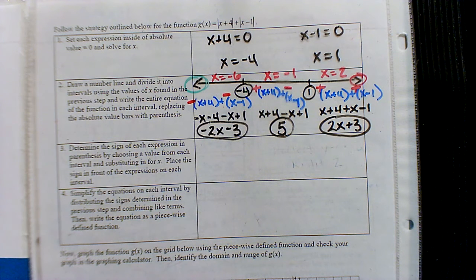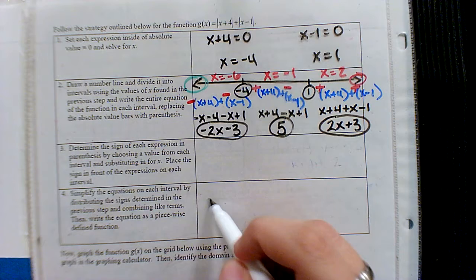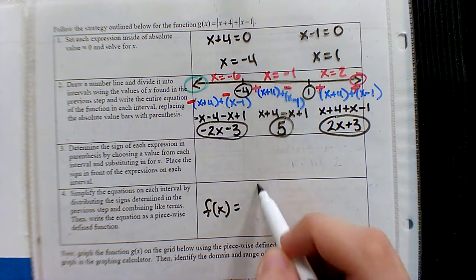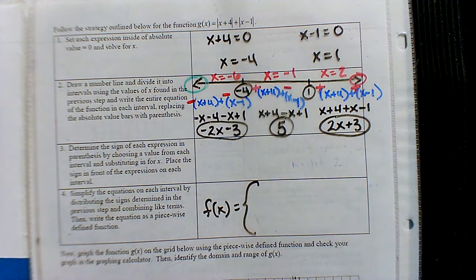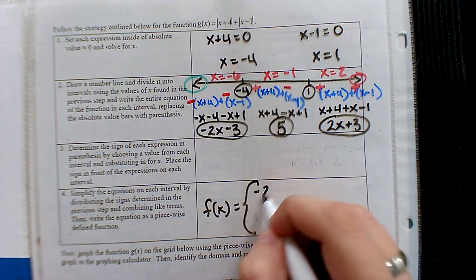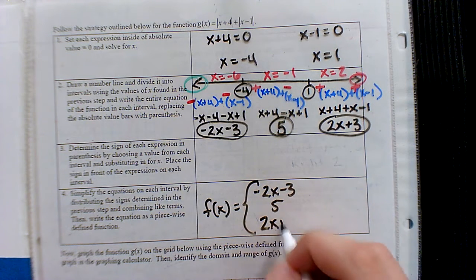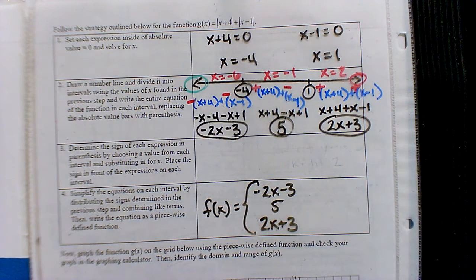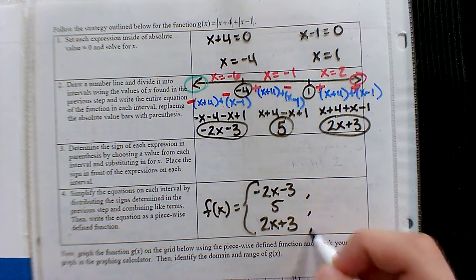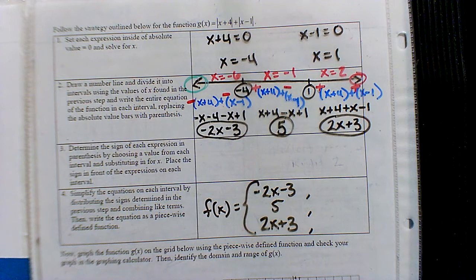All right, so what we got to do is finally bring this number line, this kind of sign chart together and analyze it so we can write our piecewise function. So we have 3 pieces, the negative 2x minus 3, the 5, and the 2x plus 3. And then we're going to use the number line to help us figure out the constraints or the domains.